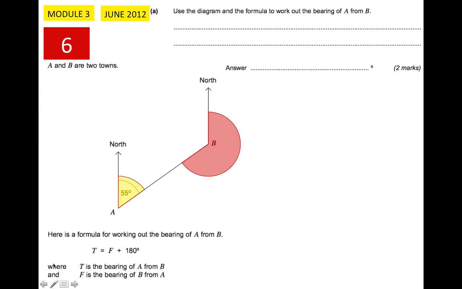And it's telling you here there's a formula for working out the bearing of A from B, and it's telling you that you take the bearing of B from A and add 180 degrees. So use the diagram and the formula to work out the bearing of A from B. So that's the red angle, and it's the yellow angle plus 180 degrees.